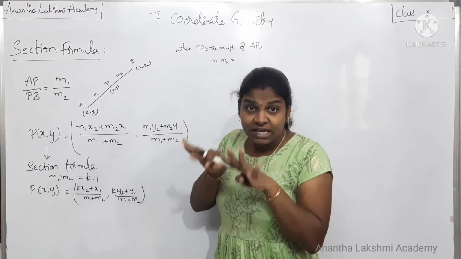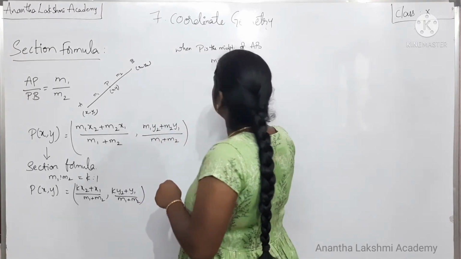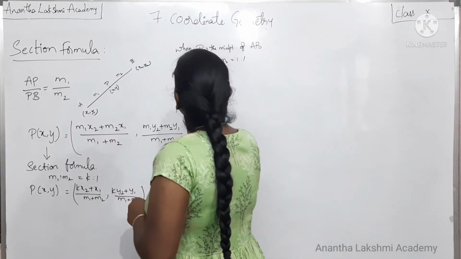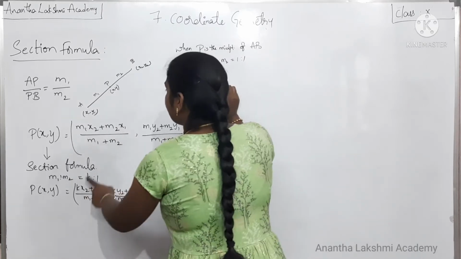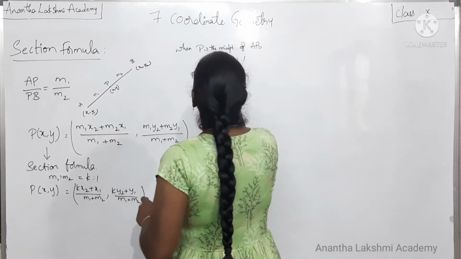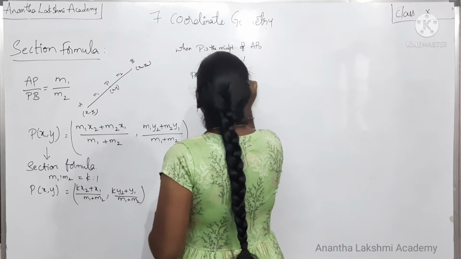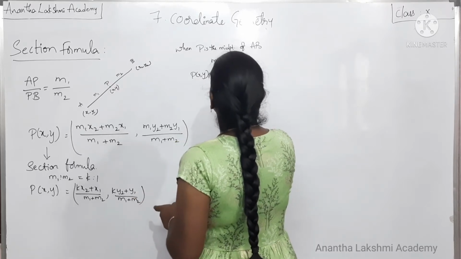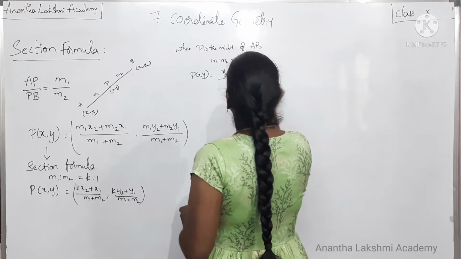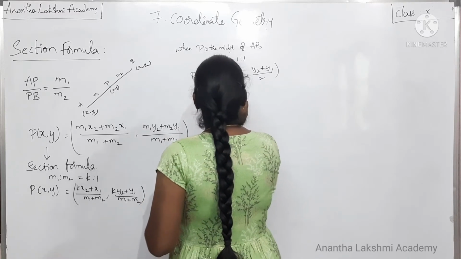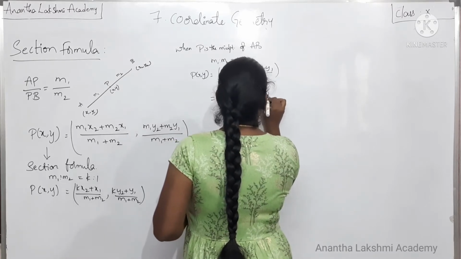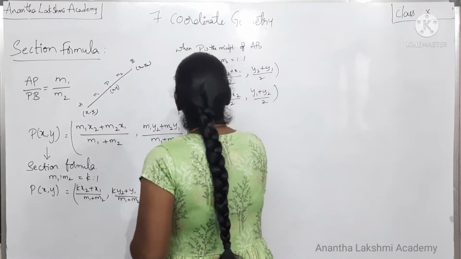It divides them in the equal ratio, nothing but 1 is to 1. So what happens to our point P? P of x comma y would be, substitute 1 in place of m1 and m2, that becomes x2 plus x1 by 1 plus 1 is 2, comma, y2 plus y1 by 2. This can be written simply as x1 plus x2 by 2 comma y1 plus y2 by 2.